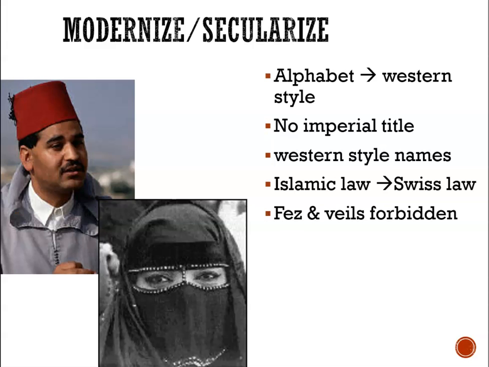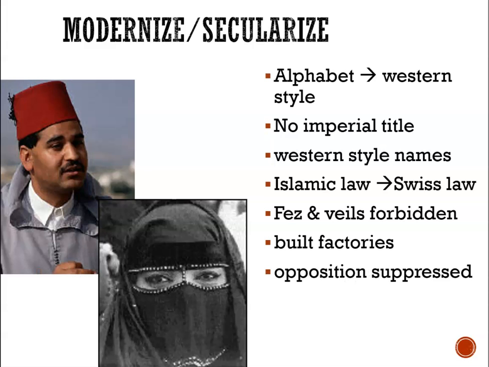The fez, the red hat, and the veil is forbidden. He begins to try to industrialize Turkey, building factories and trying to get a more modern economy. Now, on the probably more of a downside, he suppresses any opposition that comes his way.